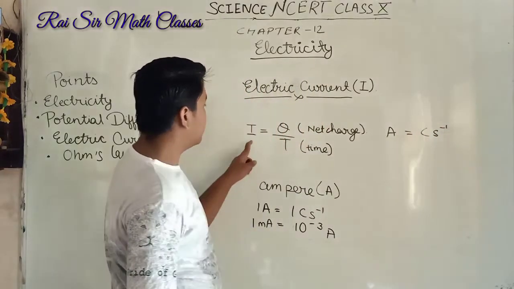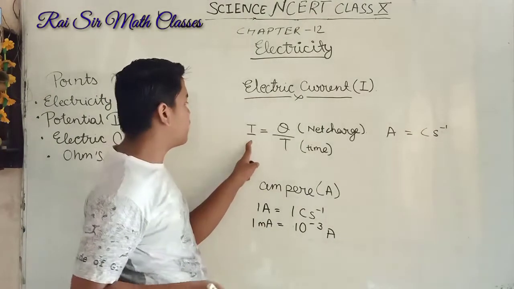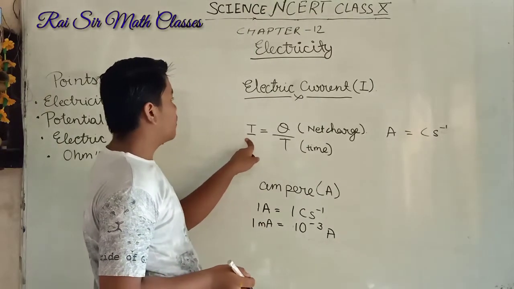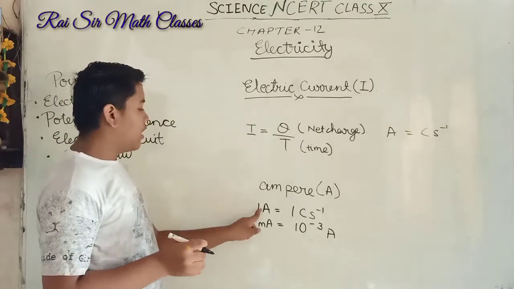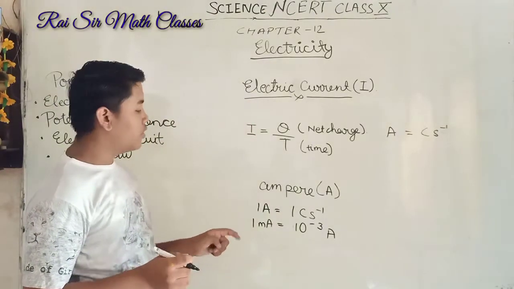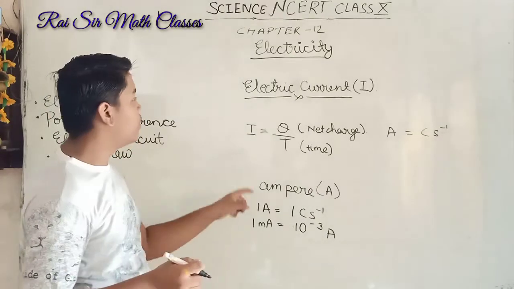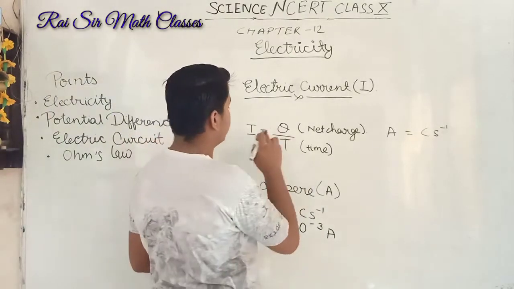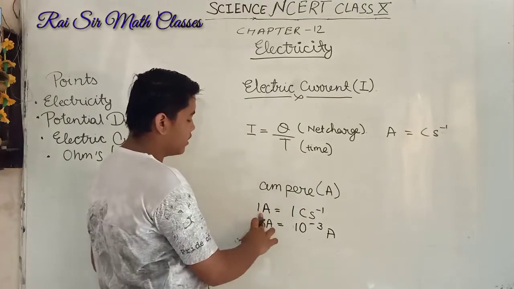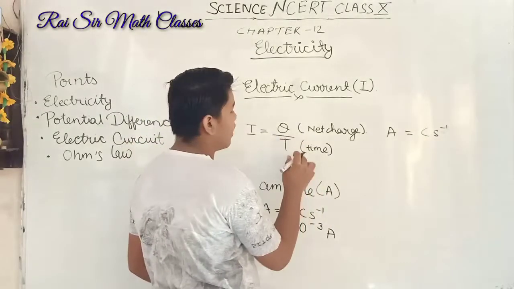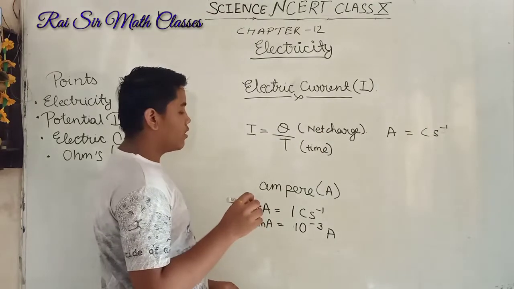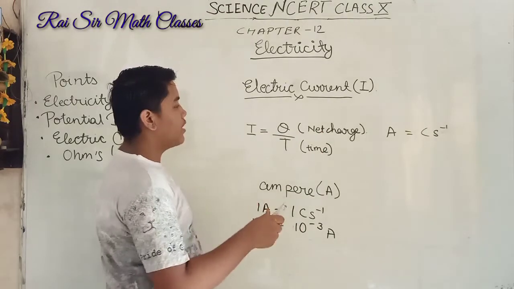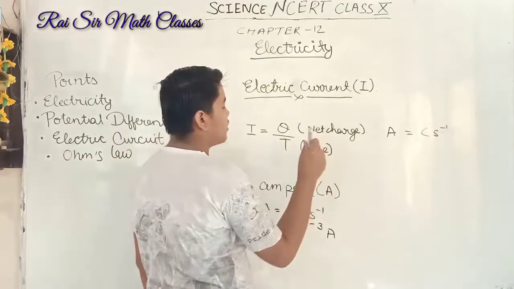I is electric current, and A is the SI unit of electric current. So in place of I we can write A, and as I told you, Coulomb is the SI unit of net charge.